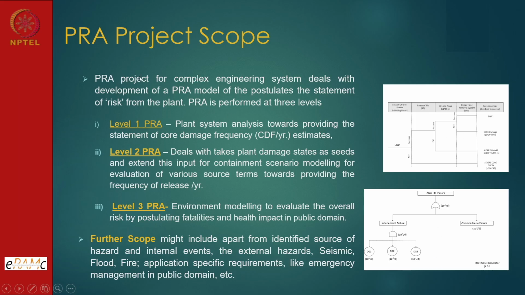So for PRA, one thing is how the scope matters. Let's say I do a PRA at level 1 with limited scope. Limited scope PRA means no external event has been considered, only internal events with an identified hazard source, and then human factors or uncertainty, technically what we are addressing, that becomes the scope.